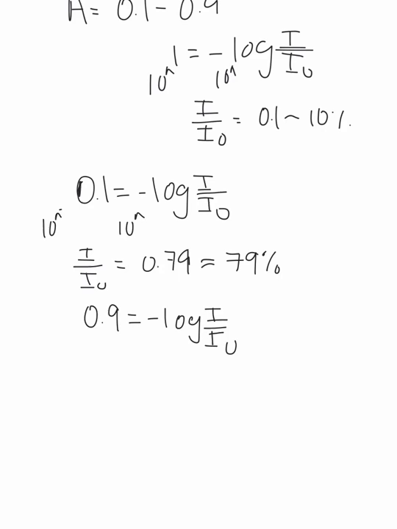For an upper limit of 0.9, we get a ratio of I to I naught of approximately 0.125, or 12.5%. So for the limits that I use as a guideline in my research, I see 79% of the light hitting the detector at 0.1 absorbance, and at an absorbance of 0.9, I would see 12.5%.